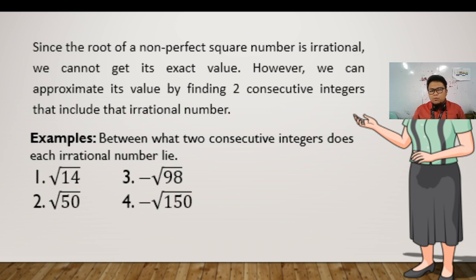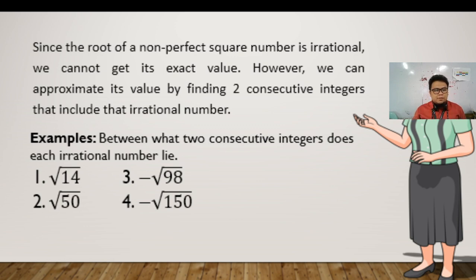So now, we are going to look between what two consecutive integers each irrational number lies. Since we cannot give the exact whole number of every irrational number, we're just going to approximate between what two consecutive integers each irrational number lies.